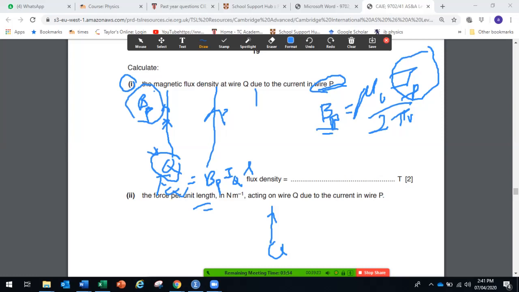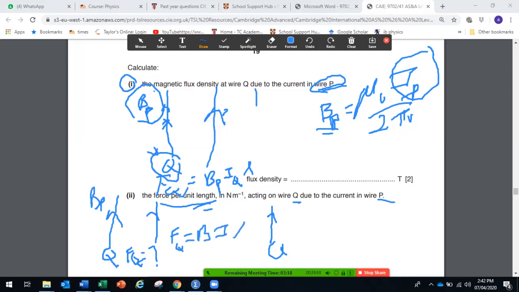Next, they're asking for the force per unit length of Q caused by P. So they're asking for the force experienced by Q, because of the magnetic field of P. The force on Q is B I L. Which B do you use, B of Q or B of P?